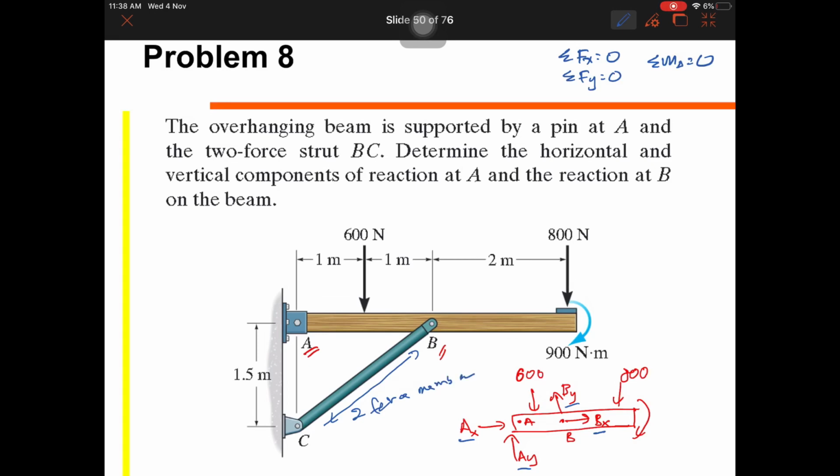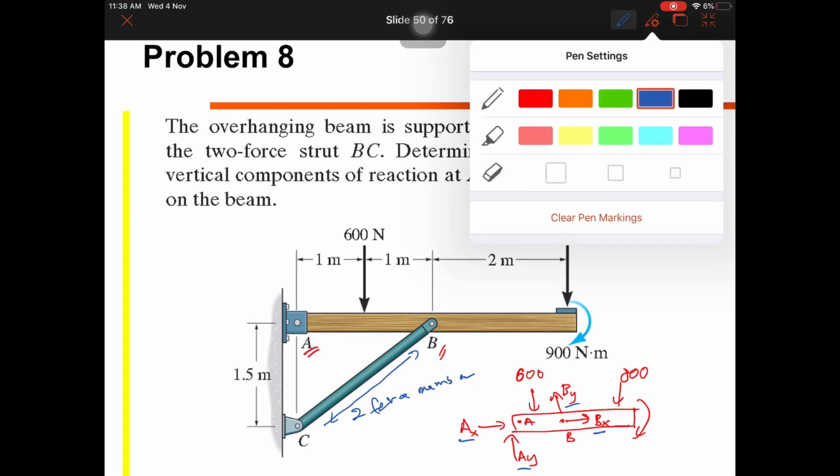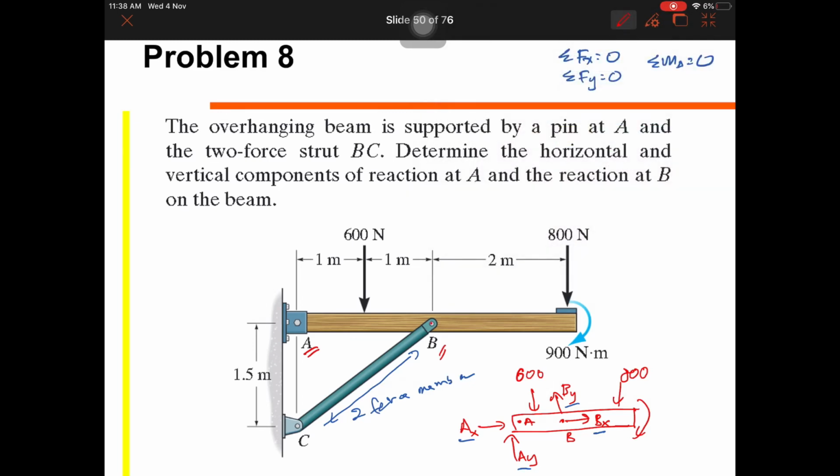In a two force member, you can simplify the force. For the force at point B and point C, it is in this line. We assume the force is in this way, FBC, and this way, FBC.